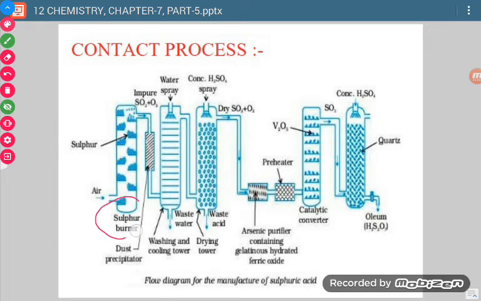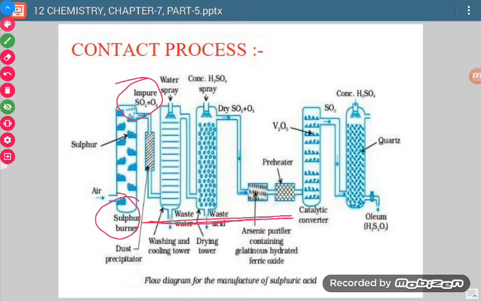First, this portion is called sulphur burners. Here we burn sulphur and there is formation of sulphur dioxide. Now this sulphur dioxide formed is impure, so it is fed into series of these arrangements where it is purified. Now first of all, it is passed through washer.